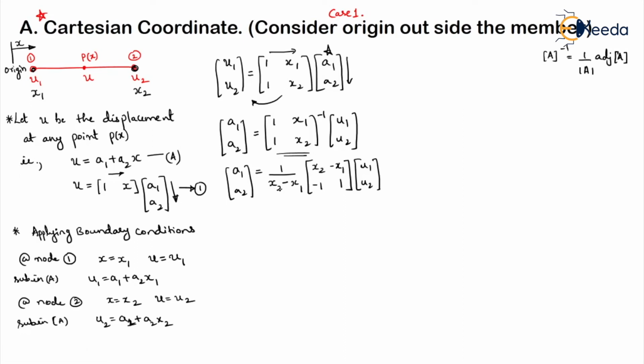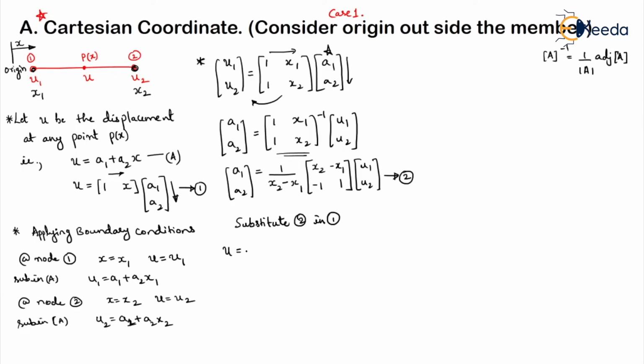Okay, so now let us take this as equation 2, right? Now what we have to do is substitute 2 in 1. Okay, so we are going to substitute this equation 2 into equation 1.